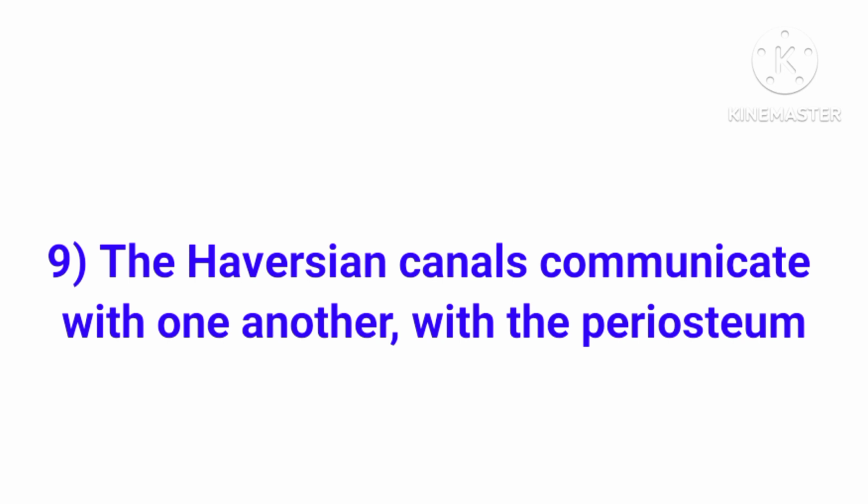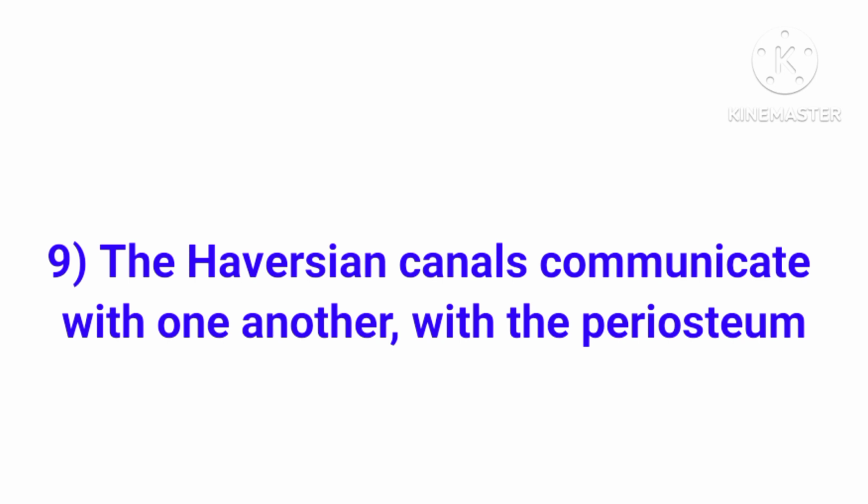The Haversian canals communicate with one another, means it interconnects the Haversian canals with each other. Haversian canals are longitudinal canals that are arranged parallel to the long axis of the bone. With the periosteum.